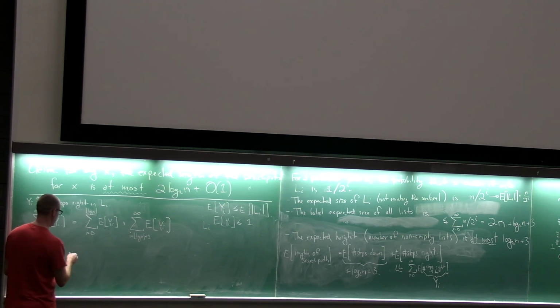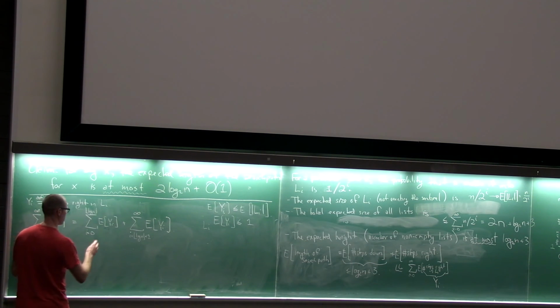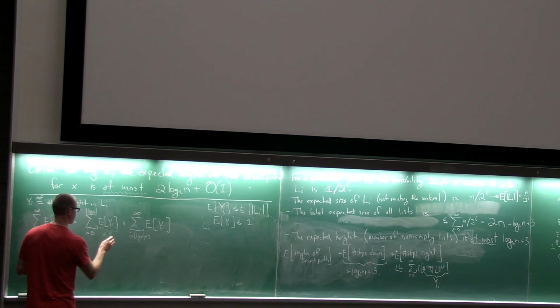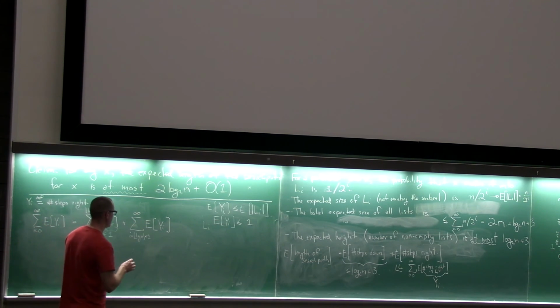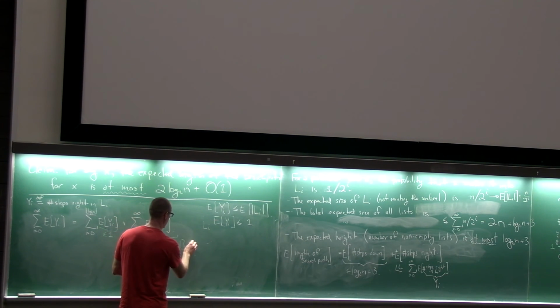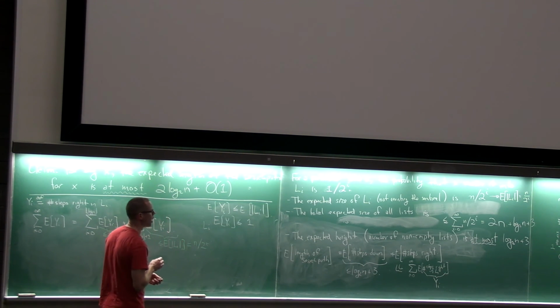So all these guys here are less than or equal to 1. These guys, on the other hand, they're all less than or equal to the expected length of Li. And the expected length of Li, we already figured out, is actually equal to n over 2 to the i.